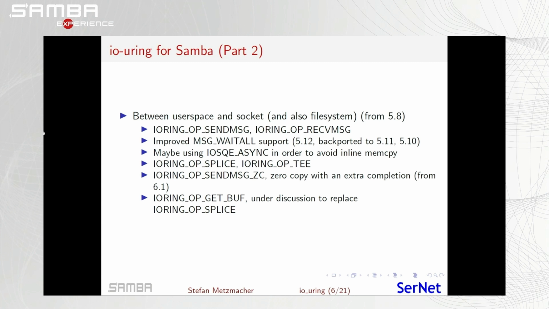So then we can reuse the memory. There's also a discussion about an io_uring get buffer operation, which could replace the splice call, but that is something that's still under discussion, and I'm not sure if that ends up in the kernel or whatever happens there.